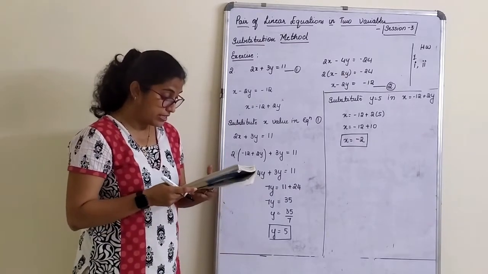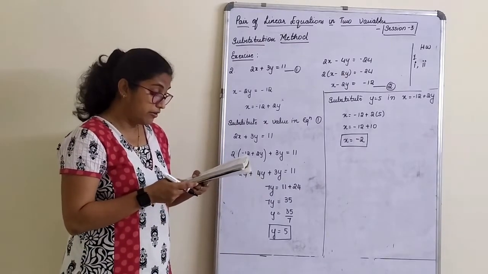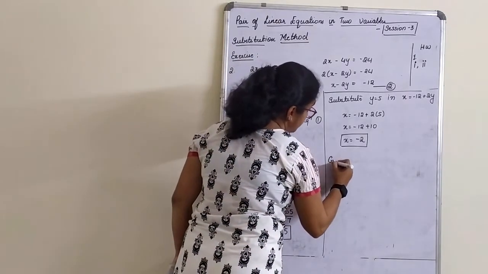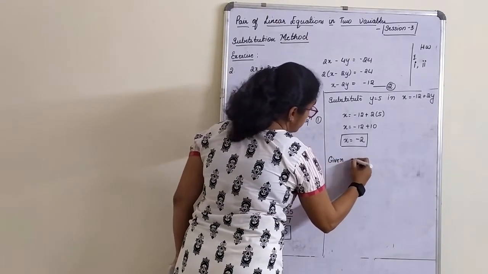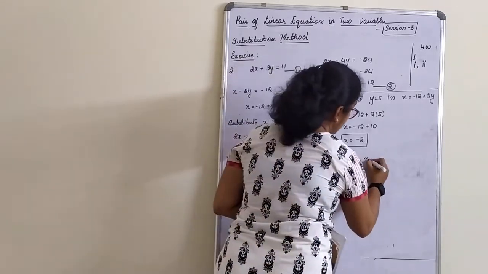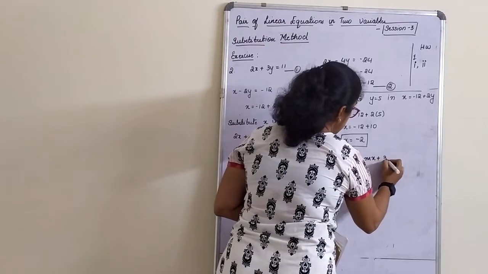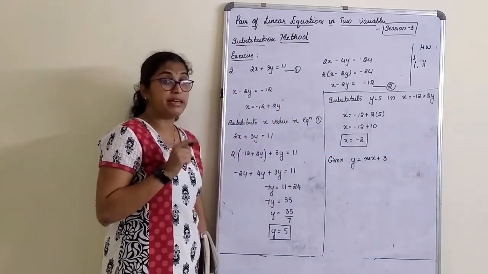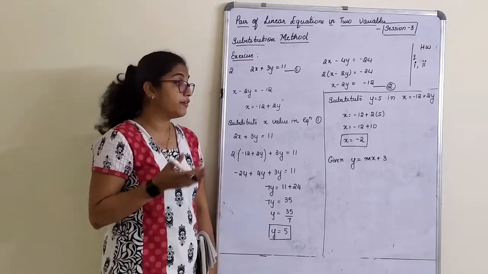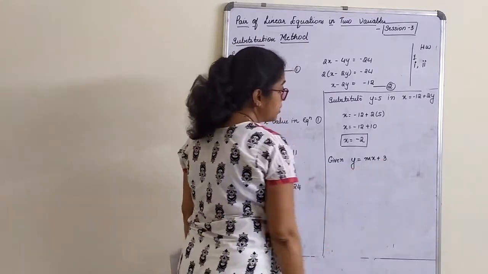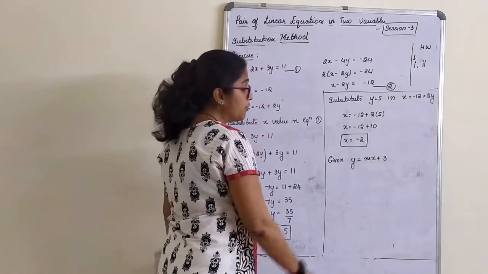What is our last step? Find the value of m for which y is equal to mx plus 3. Okay, that's a standard form. Y is equal to mx plus c is the standard form where we draw the graph. They have given us a constant here, y is equal to mx plus 3. We need to find the m value.